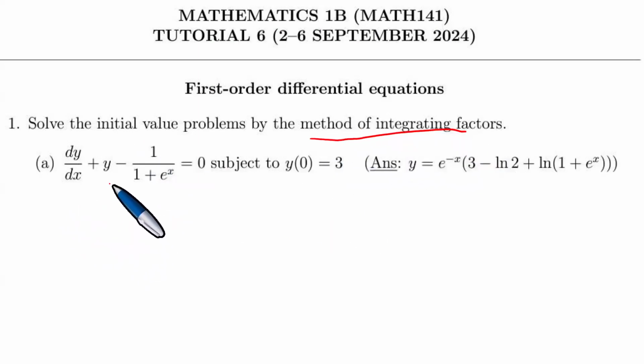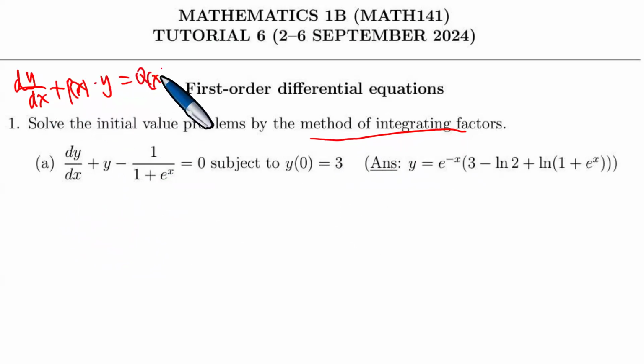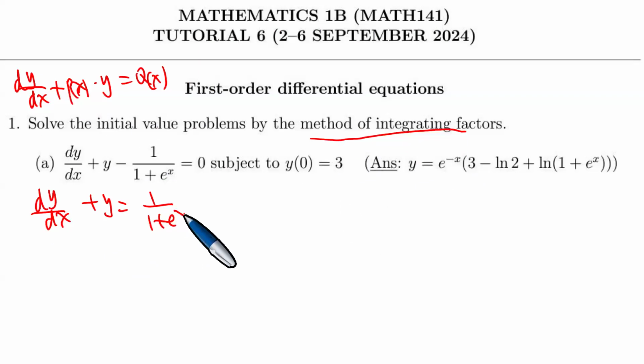So the method of integrating factors tells us that dy/dx plus p of x times y is q of x. So you must write it like that. dy/dx plus y is 1 over 1 plus e to the x.